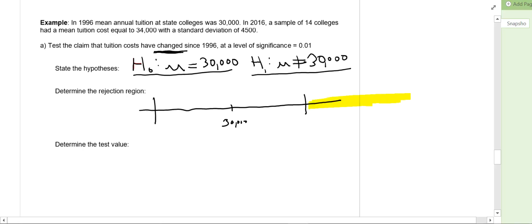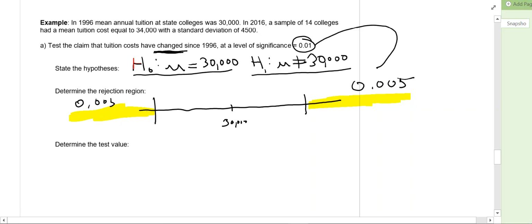So we're going to have two regions of rejection here. That is, our alpha value, which is 0.01, is going to be split in half. So this is going to be 0.005 in this region and 0.005 in this region. So be careful when you look up your scores, right?